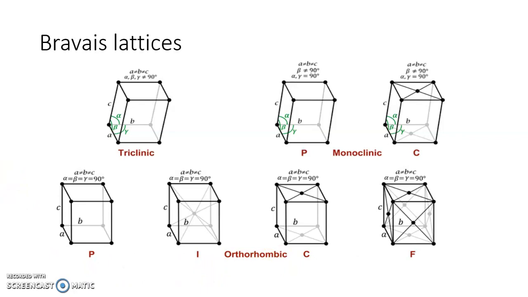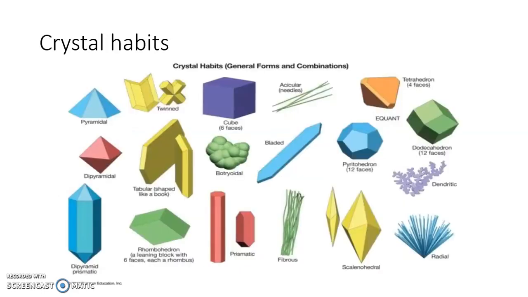Now depending on the crystal habit, that means the lattice is joined to give the crystal an external shape, which is referred to as habit. It may develop into different shapes, so they can be pyramidal. Different crystal habits and their diagrammatic representation are there in this figure. You can see pyramidal habit, twinned, or cube which has 6 faces, or acicular, that means needles.